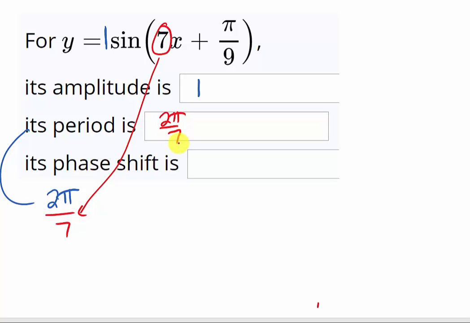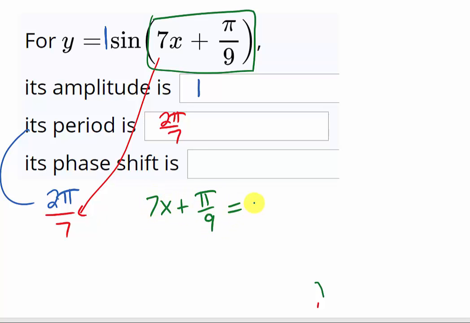And then our phase shift, we've got a couple of choices, but on ones that are kind of this style that we see right here, it's easiest to take our angle, the stuff in the parentheses, and take that 7x plus pi over 9 and put it equal to 0 and solve it for x, and that will tell me how much we're shifting in the x direction.